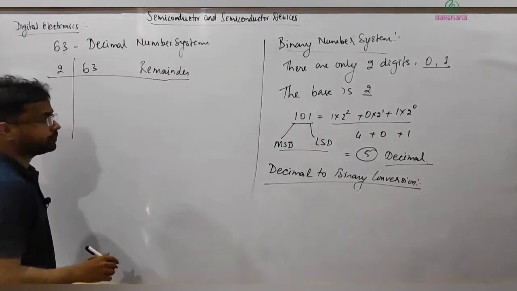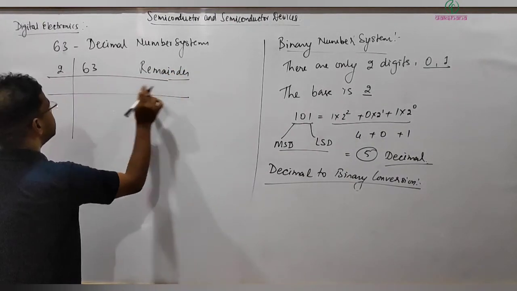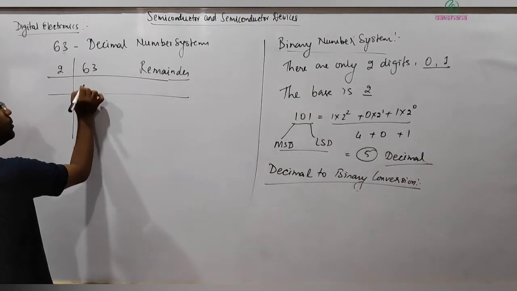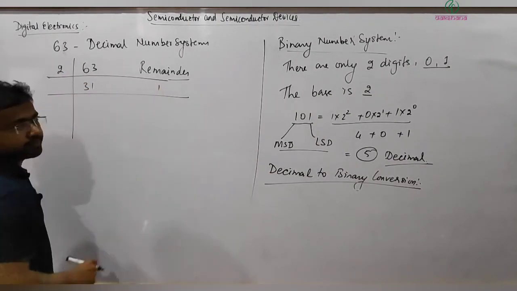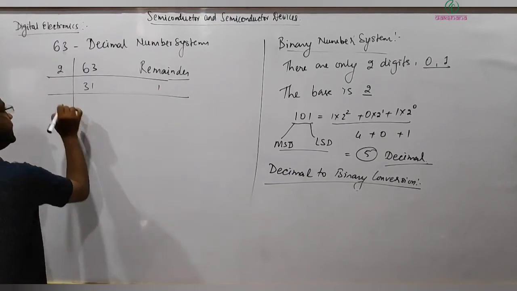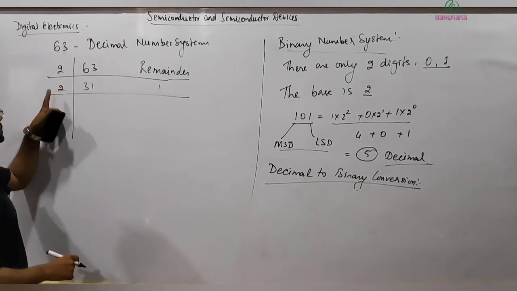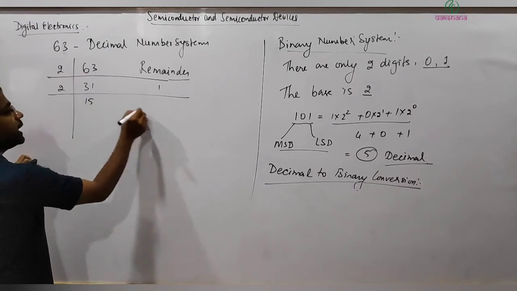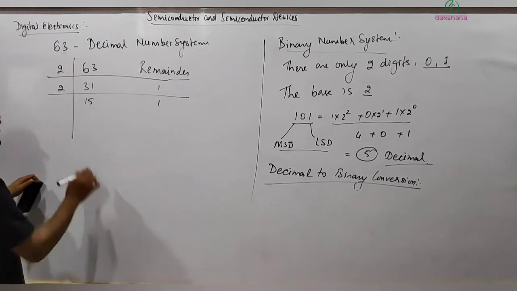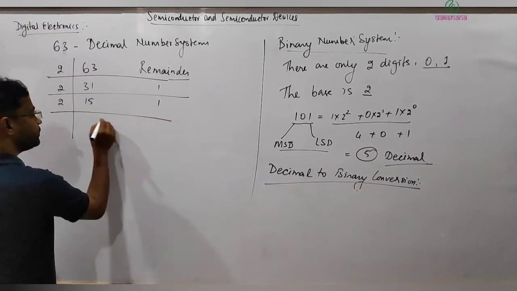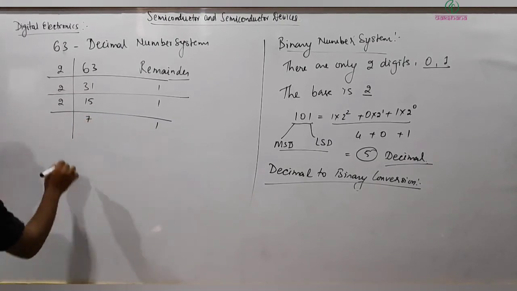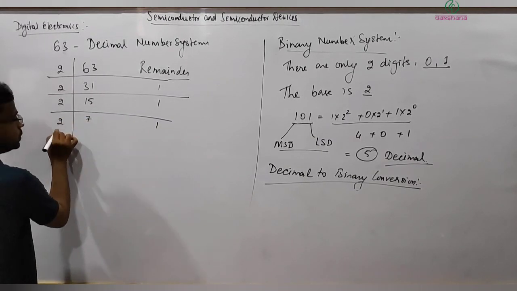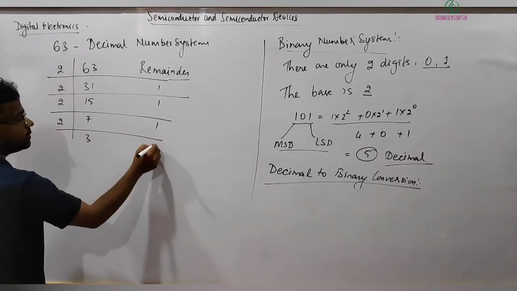we write here. So if I divide 63 by 2, it will be 31 times, remainder will be 1, it will be written here. Next I will again divide by 2, then it will be 15, and here the remainder will be 1. Again divide by 2, then it will be 7, and I am still getting remainder 1. Next again divide by 2, then you will get 3 and remainder 1.